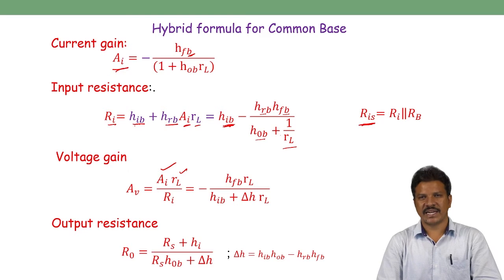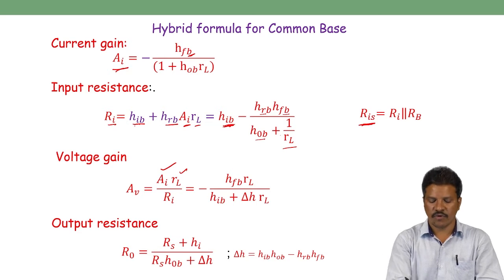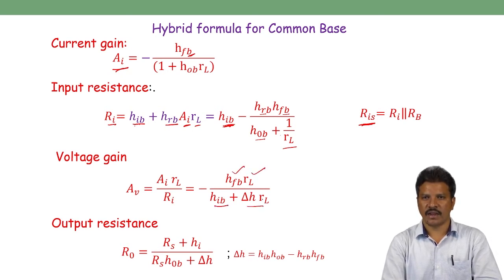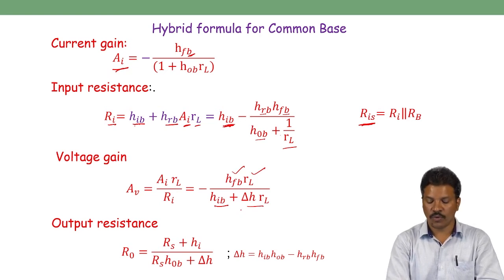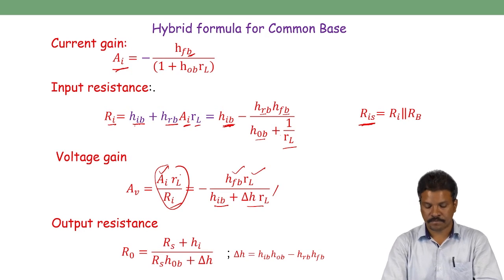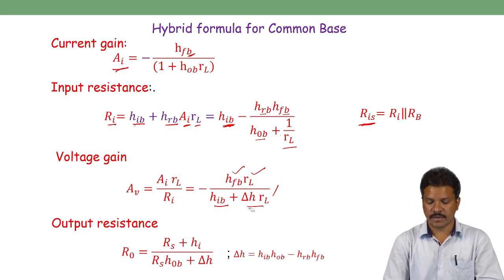When we replace the current gain formula and input impedance formula in the equation, the current gain formula in common base configuration is minus HFB divided by 1 plus HOB into RL. Rearranging this equation, the final equation for AV is HFB RL divided by HIB plus delta H into small RL. Or simply, if you don't want to find these formulas, we can get it as the current gain times the RL divided by the input impedance. This is called voltage gain.